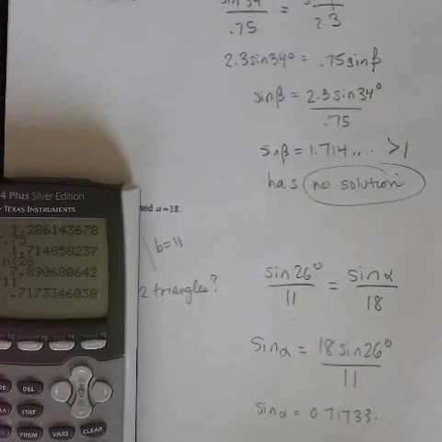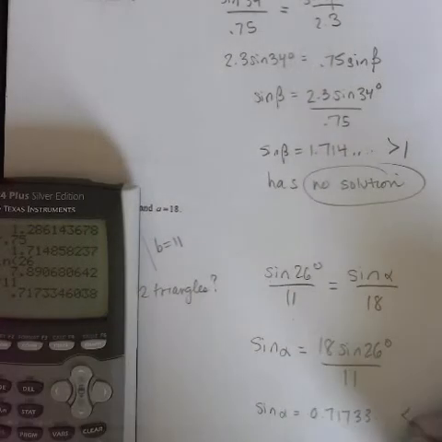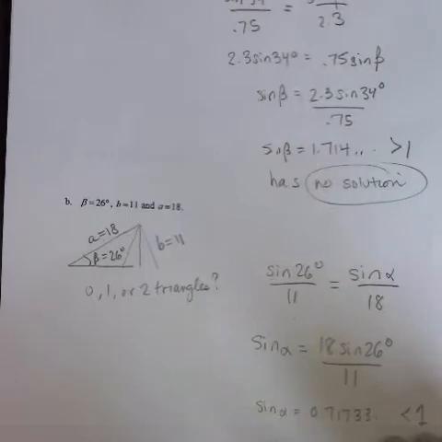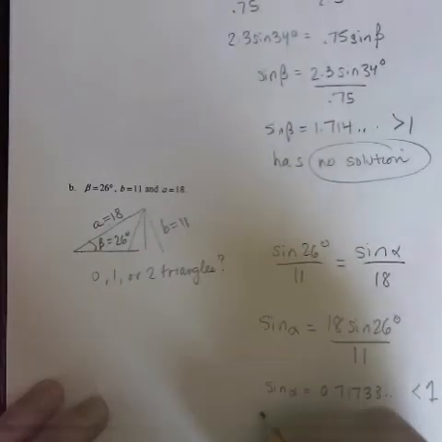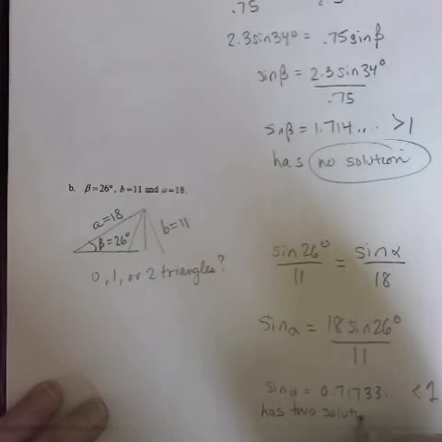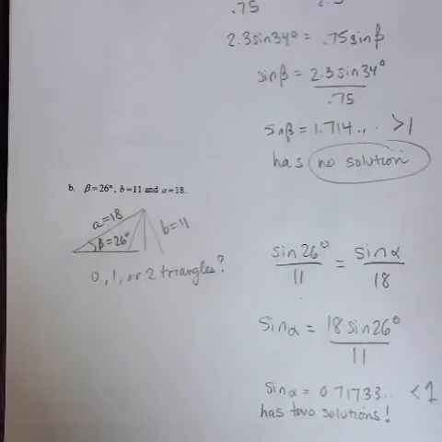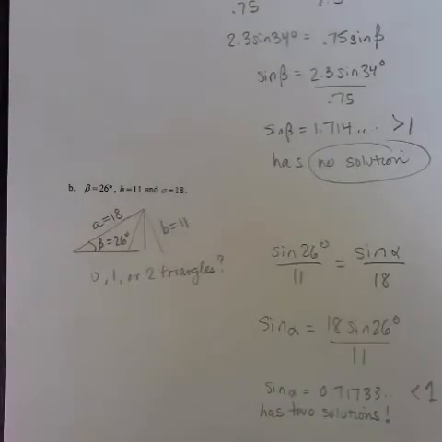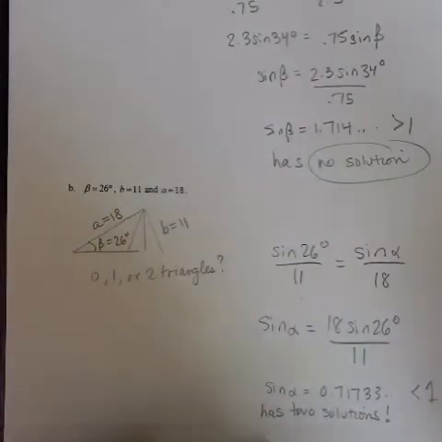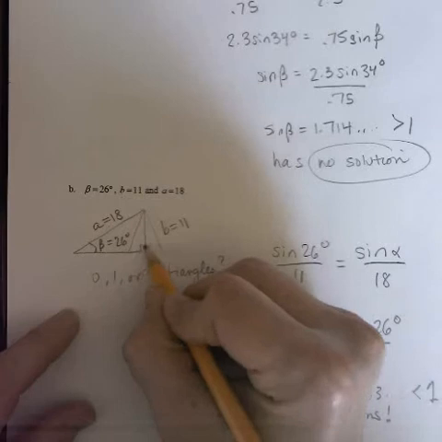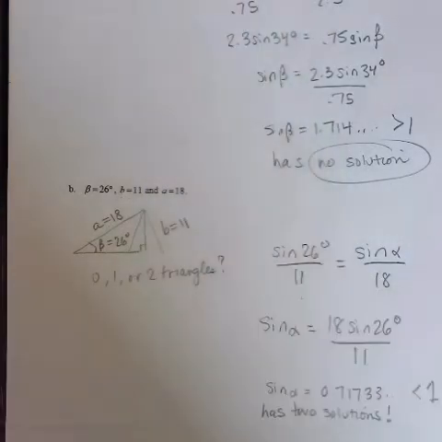So this is smaller than 1. That means this has 2 solutions. If this equals 1, then there's one solution, because then we'd have a right angle. Sine of 90 degrees equals 1. But since that's smaller than 1, 2 solutions.